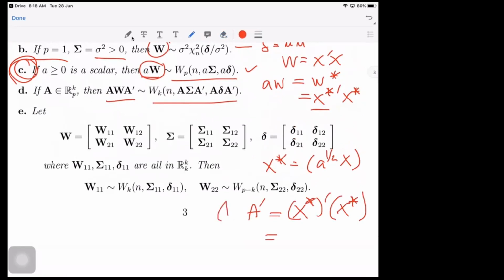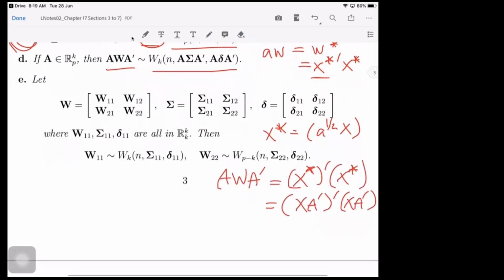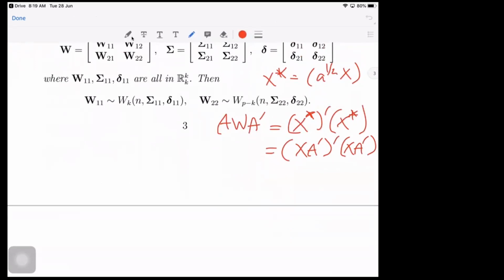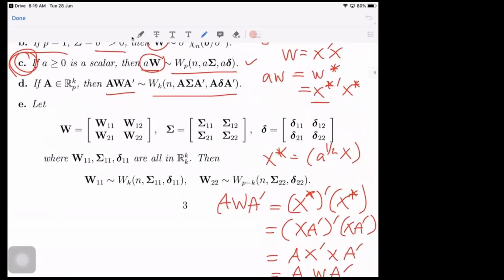It was AX prime, no? That is what you answered earlier, Sorongon? Ma'am Kali, ma'am. Okay. So if that is the case, so you will have what? A prime prime is just A, X prime, and then X A prime. So this is your AWA prime. Okay. So which is what we want.